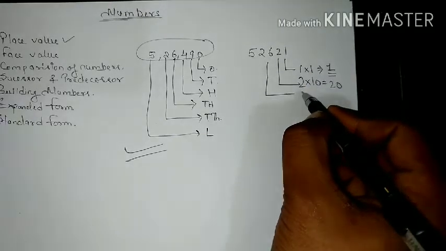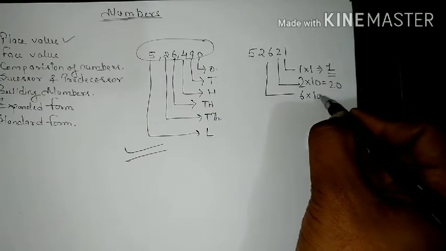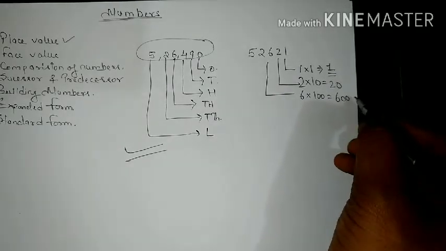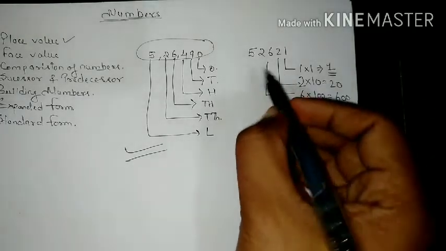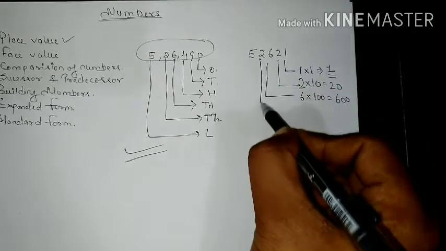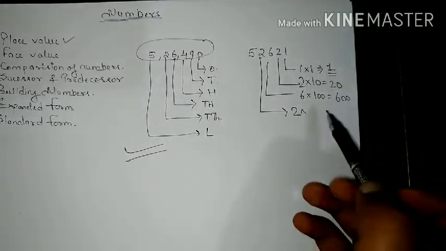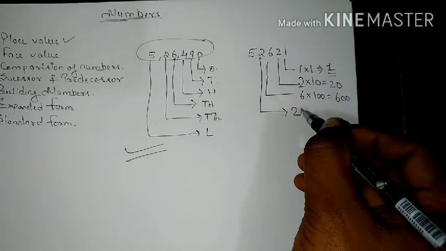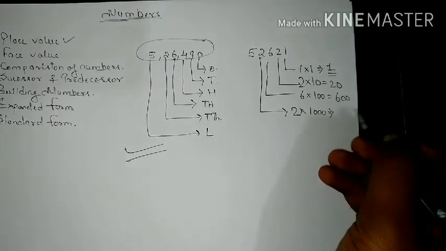This 6 is at 100 place. So the place value of it will be 600. Next is 2. So it is on the 1's, 10's, 100, 1000. So it will be 2 into 1000.